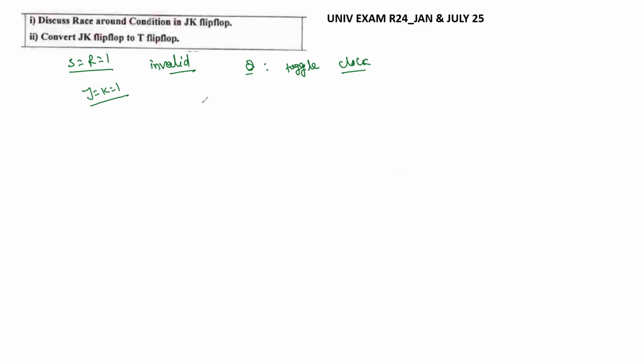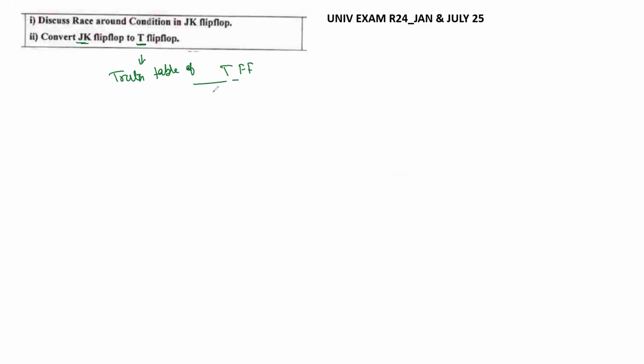Another topic is converting the JK flip-flop to a T flip-flop. Here you design the T flip-flop by using the JK flip-flop. So you require the truth table of the T flip-flop, which you have to write.